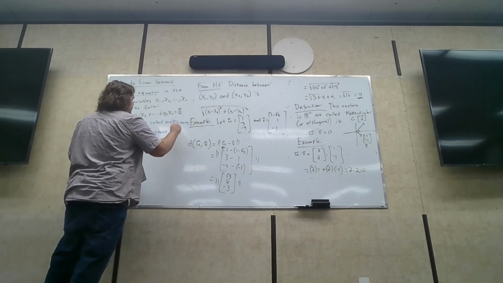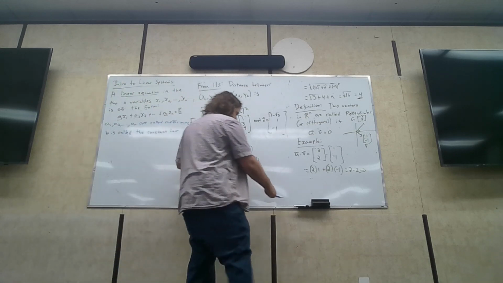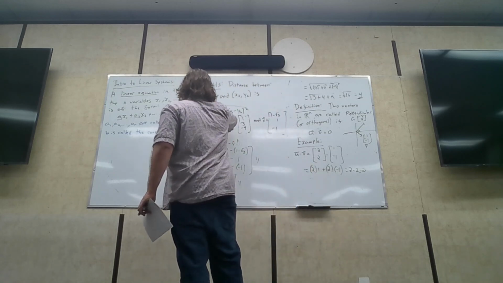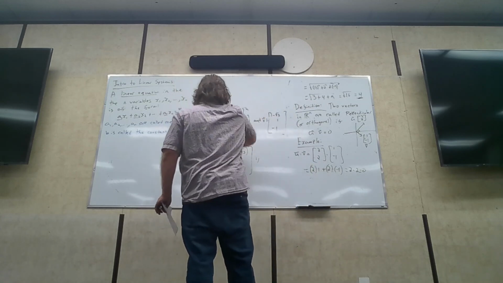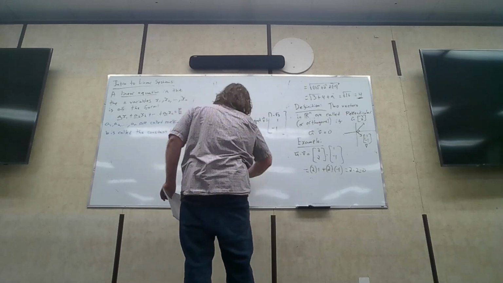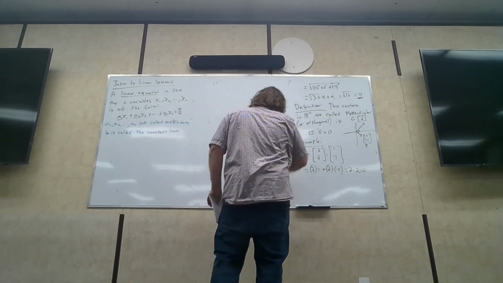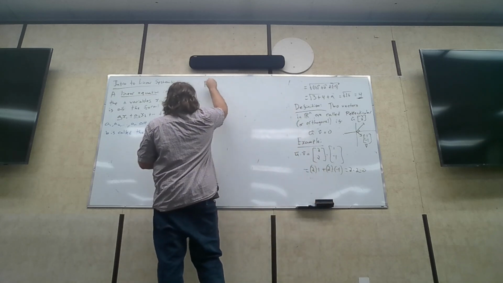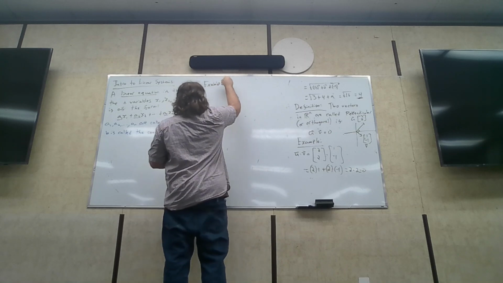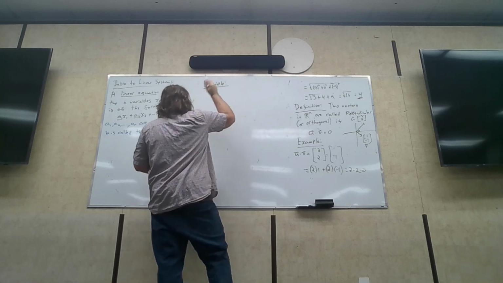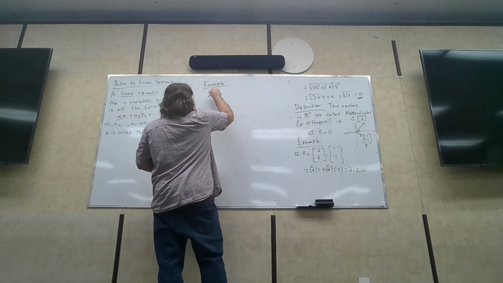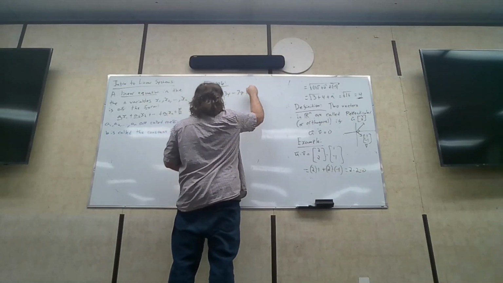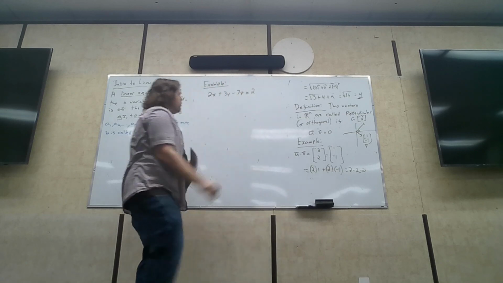Now, again, this notation is spicy, but let's write down some examples and you'll be like, okay, yeah, no, that's from high school. So something that looks like this. I guess I don't need to look at this because it's easy enough to write them down. So like 2x plus 3y minus 7z is equal to 2, right?